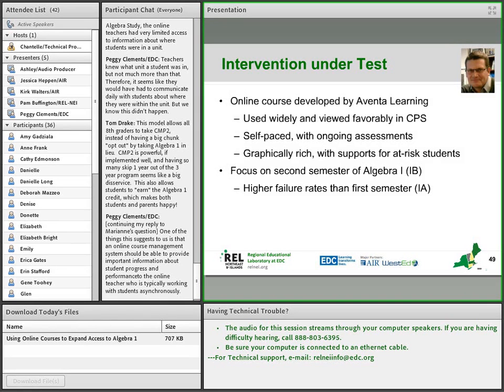They're not identical, but they're similar. There are opportunities for students to go at their own pace and to get ongoing feedback. The real reason we picked it is because Chicago has done over the past 5 or 6 years some piloting of different online programs for credit recovery. So this is something that they were keenly interested in, and they thought that the Aventa course suited them best among the different providers.